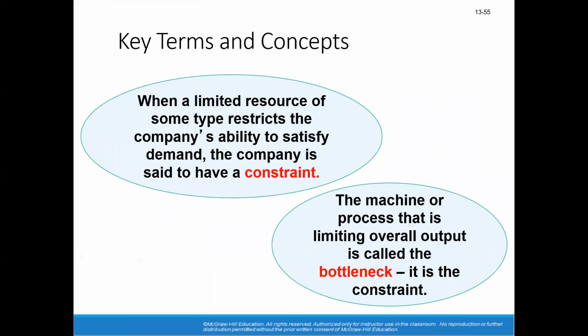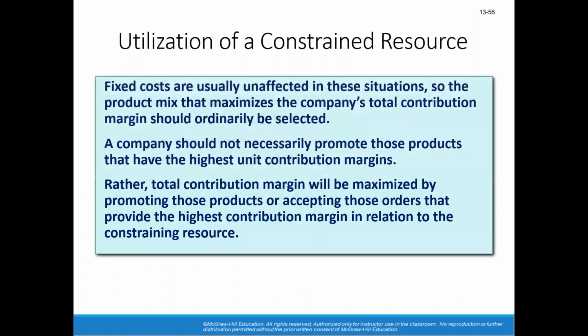When a limited resource of some type restricts the company's ability to satisfy demand, then the company is said to have a constraint. The machine or process that is limiting overall output is what we call the bottleneck, which is the constraint. Fixed costs are usually unaffected in these situations.